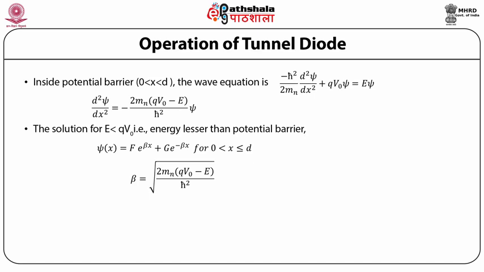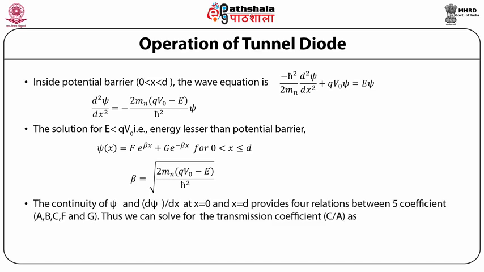square. So the continuity of psi and d psi by dx at x equal to 0 and x equal to d provides four relations between five coefficients a, b, c, f and g.